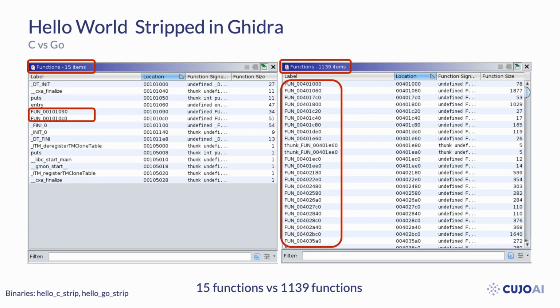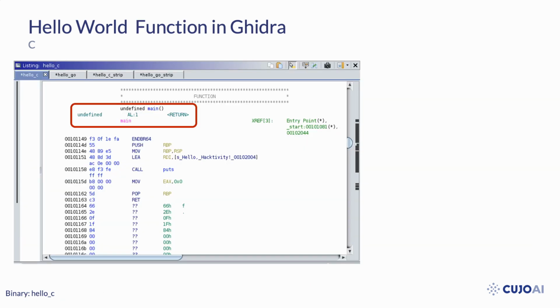Putting those files into our favorite disassembler reveals that the C program has 15 functions recognized by default. The Go binary again has a large function count, but this time we have no clue as to which function does what. Malware binaries are usually like this, and it's always a real challenge to get to the bottom of their intentions.